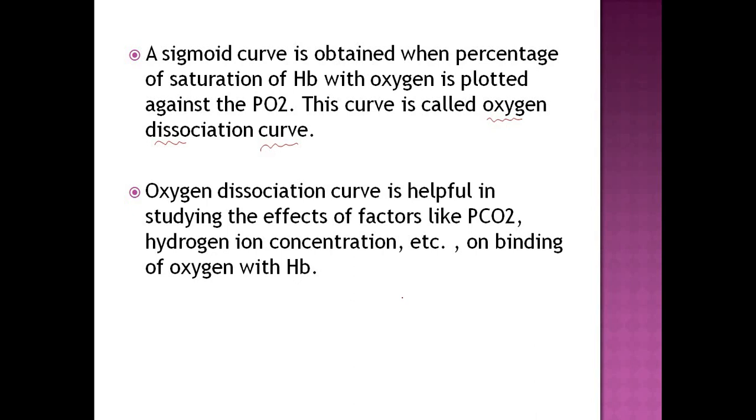The oxygen dissociation curve is helpful in studying effects of factors like partial pressure of carbon dioxide and hydrogen ion concentration on binding of oxygen with hemoglobin. It is impacted by the temperature, partial pressure of carbon dioxide and hydrogen ion concentration.